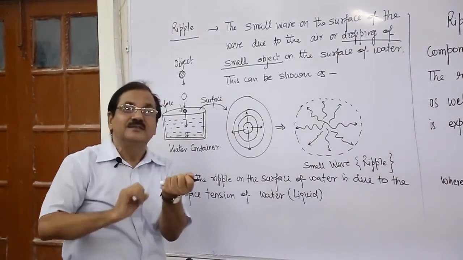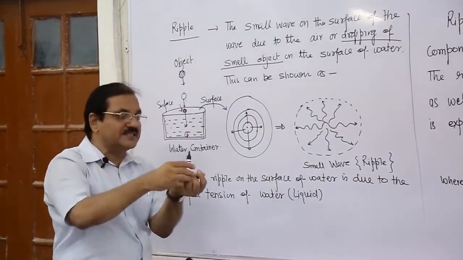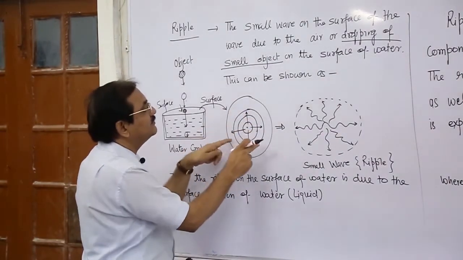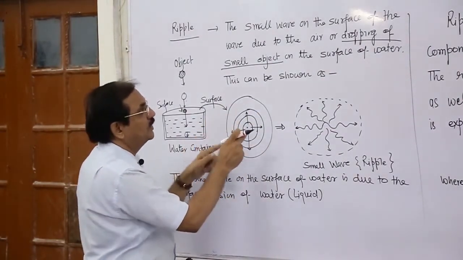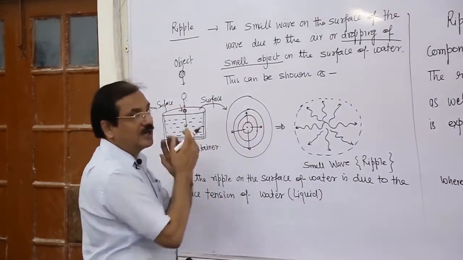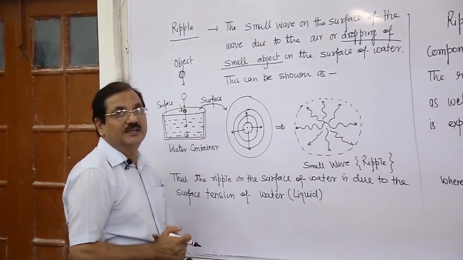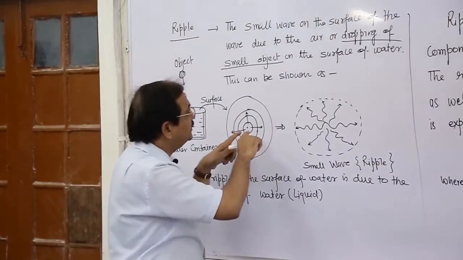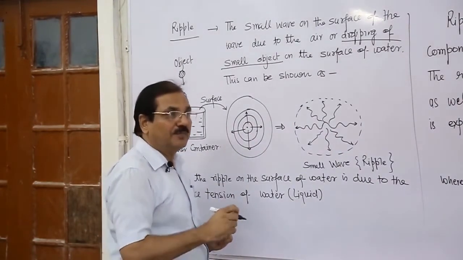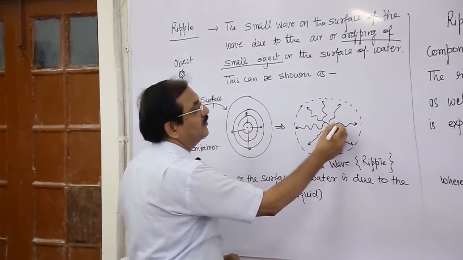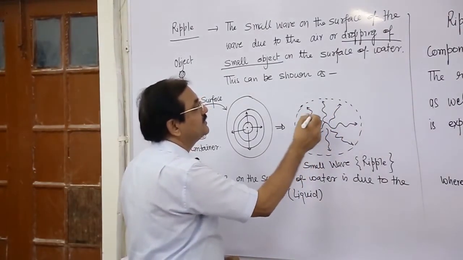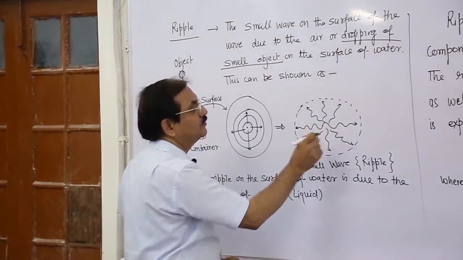If the stone touches the surface of water, then the disturbance propagates from the point of creation to the outer rings of the surface. During the motion of water particles, these are the wavy shapes which are coming out.